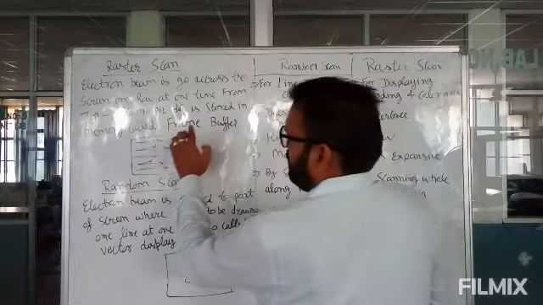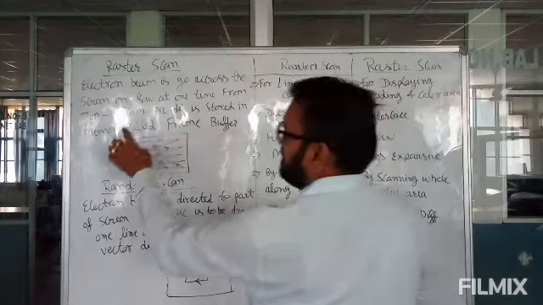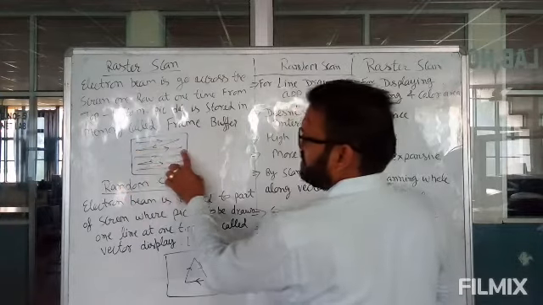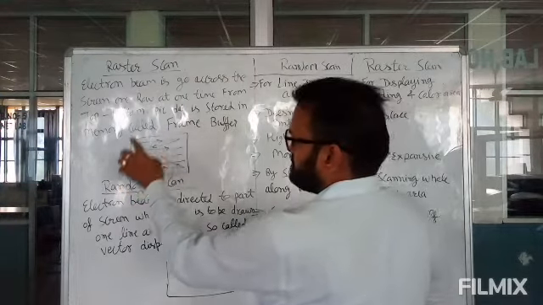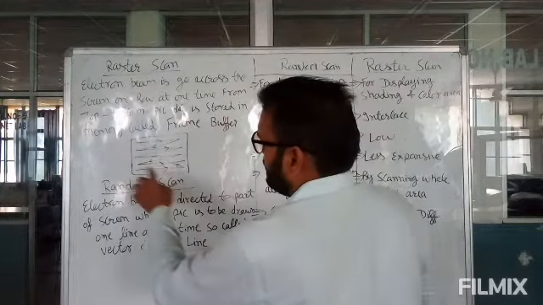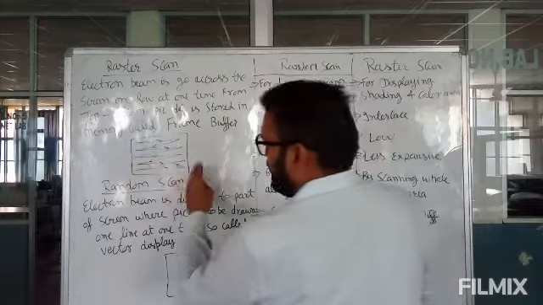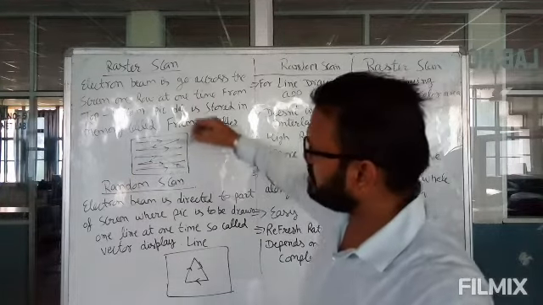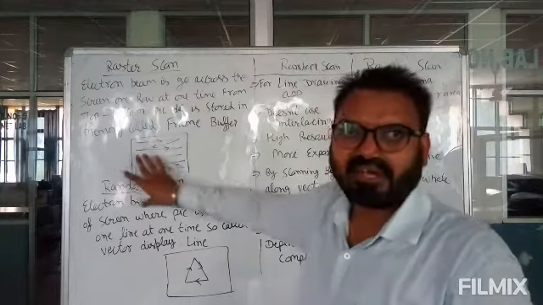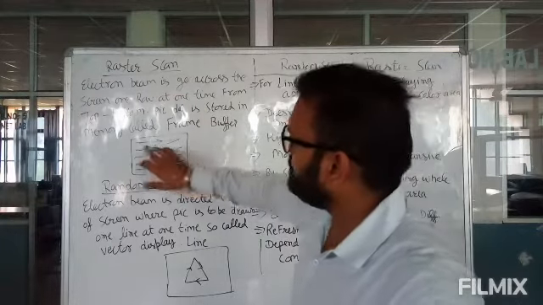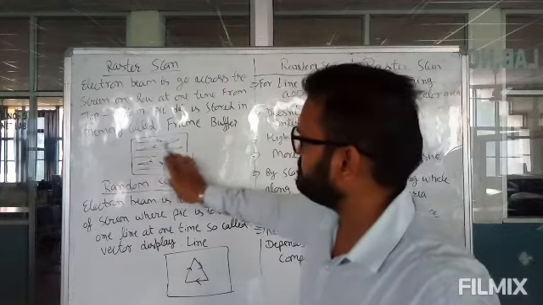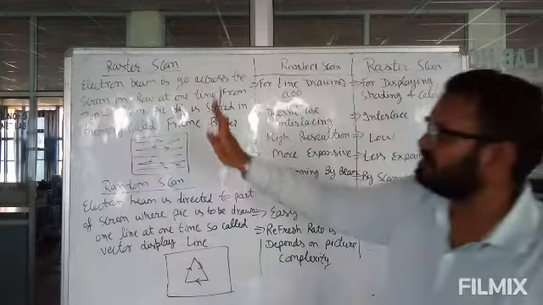After the first row, it goes to the second row, where it is scanned from left to right. Afterwards, it goes to the third line, the fourth and the last line. After scanning the last line, it goes back to the first line. This is how the raster scan works, by scanning one row at a time from left to right.